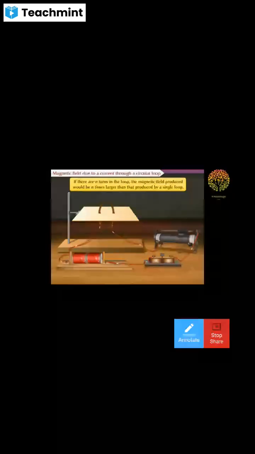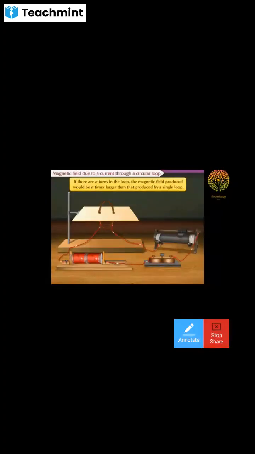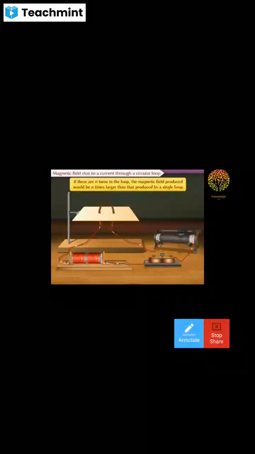What happens if the number of loops is increased? Will the magnetic field decrease or increase? Increase. If you light one candle, how much light is there? If I light 10 candles, will the brightness be more or less? More.